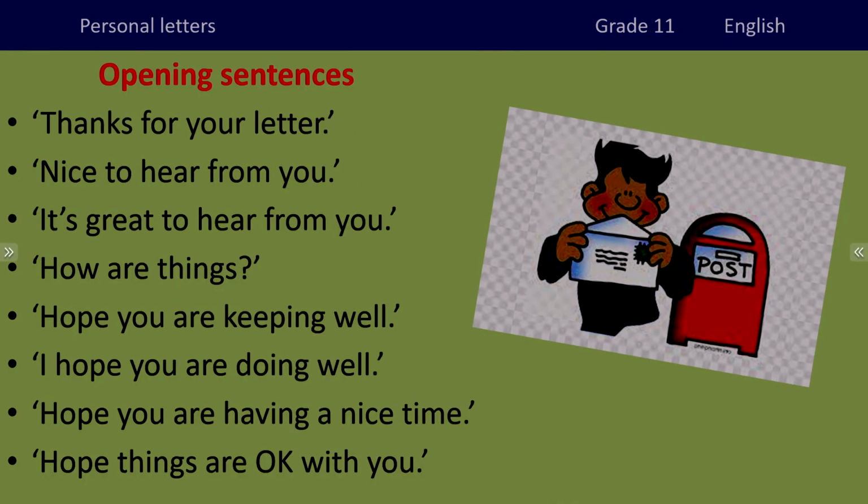That means the opening of the letter. Let's read them. Thanks for your letter. Nice to hear from you. It's great to hear from you. How are things? Hope you are keeping well. I hope you are doing well. Hope you are having a nice time. Hope things are okay with you.